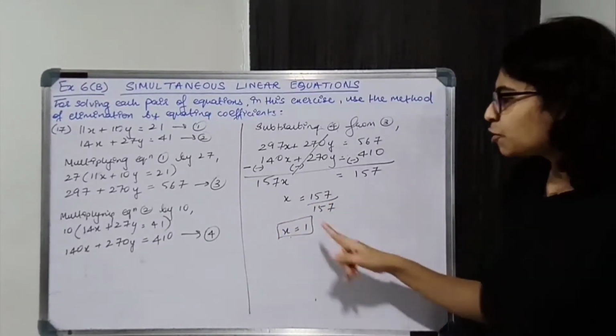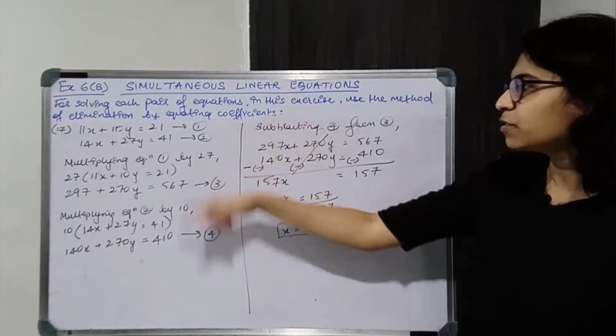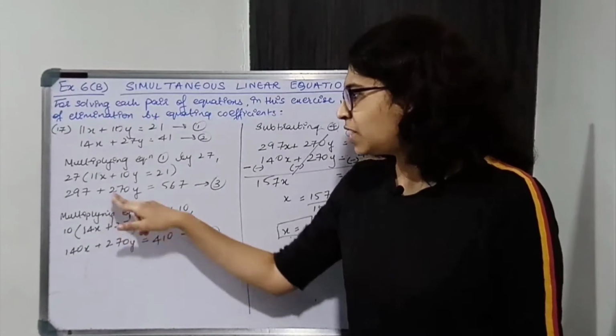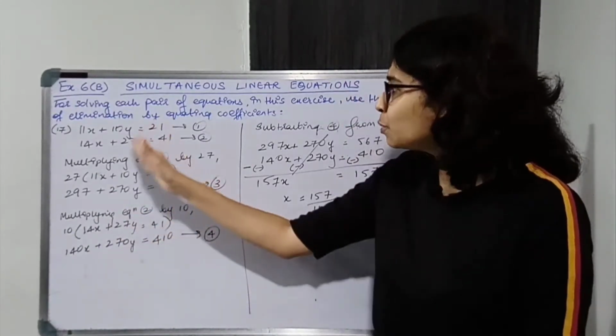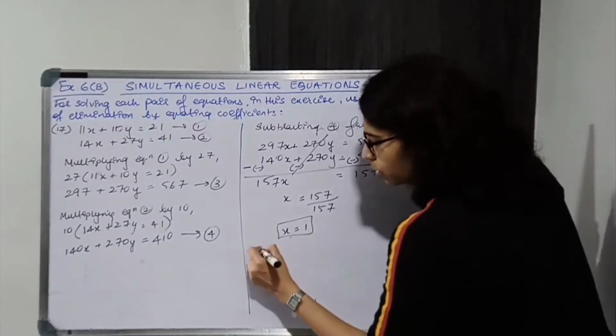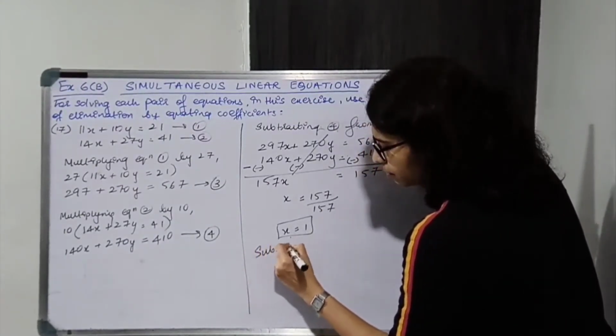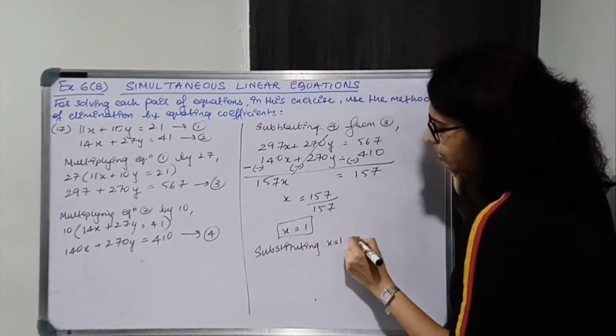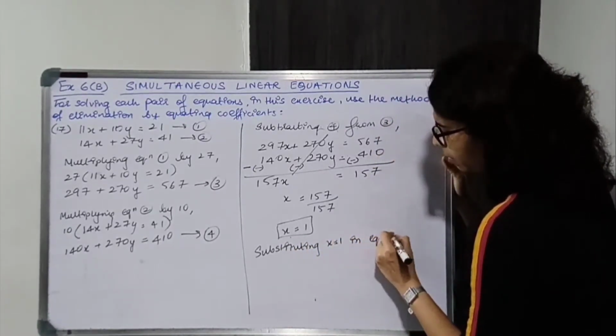Fourth step, we will substitute the value of x in either of the equations. Okay, so obviously we will not substitute in this, we have big numbers over here. Instead substitute in 1 or 2. Okay, so I will substitute in 1. So substituting x equal to 1 in equation number 1.